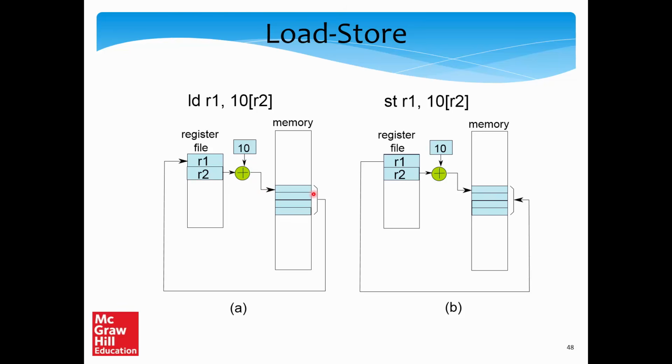In a 32-bit system, we read 4 bytes from memory, which is the data. The data comes back and it is fed into the register R1. In a 64-bit system, it can be 8 bytes instead of 4. That doesn't matter. In a 32-bit system, we read 4 bytes from memory and put it in a register.